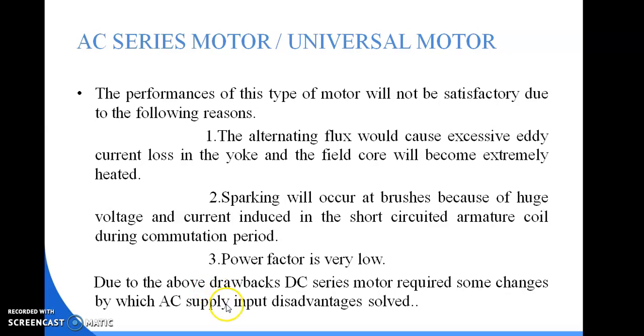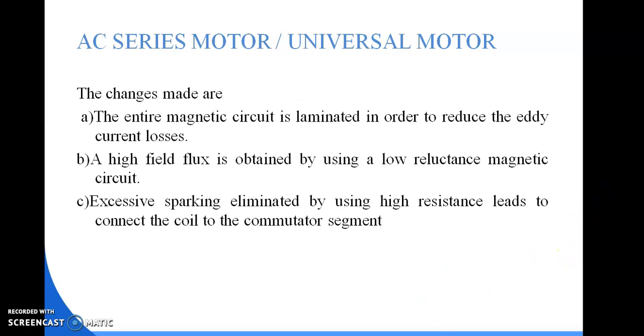Due to the above drawbacks, the DC series motor required some changes by which the disadvantages of AC supply input are solved. The changes made to the commutator motor are, first, the entire magnetic circuit is laminated in order to reduce the eddy current losses.